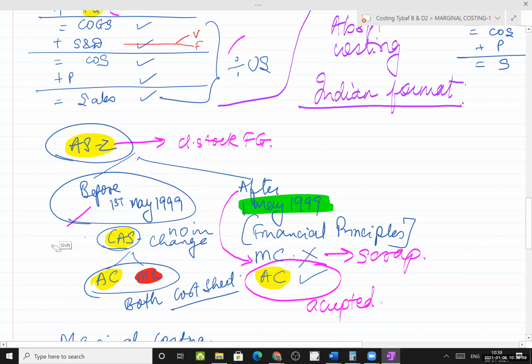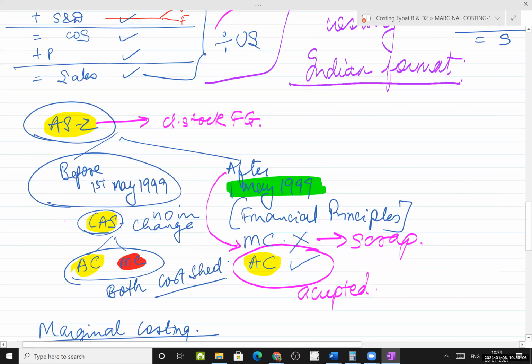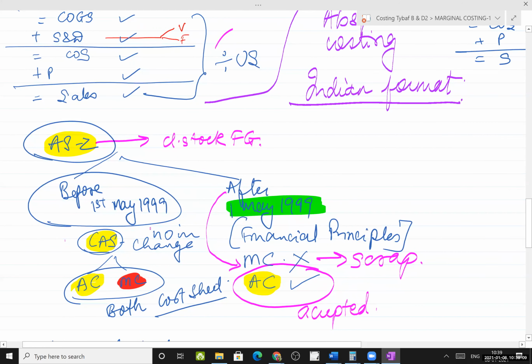Okay, now the question arises is, as per this, there is no change. They have accepted both. They don't opt for one particular basis. Both are acceptable.